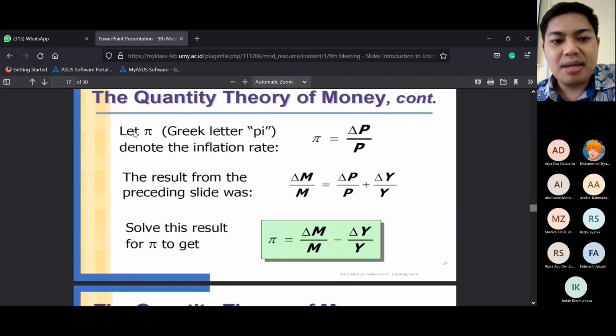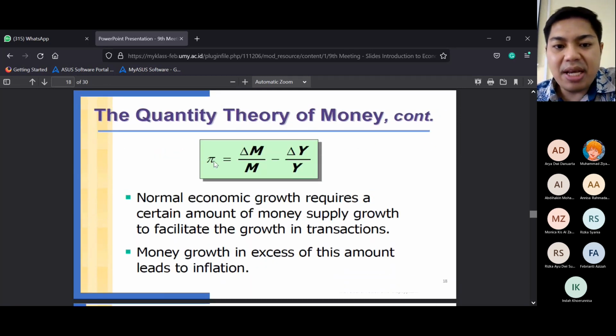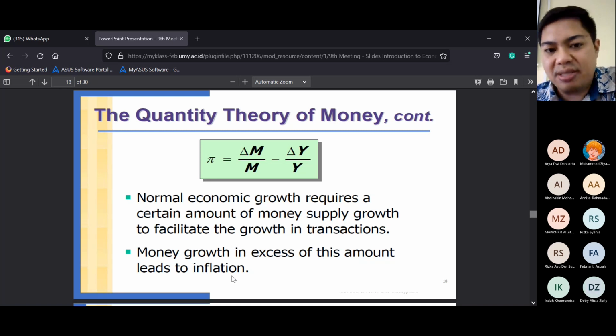So here, pi is the inflation rate. The result of the preceding slide was delta M over M equals delta P over P plus delta Y over Y. Solving this result, pi equals delta M over M minus delta Y over Y. So normal economic growth requires a certain amount of money supply to facilitate the growth in transactions. Money growth in excess of this amount leads to inflation.